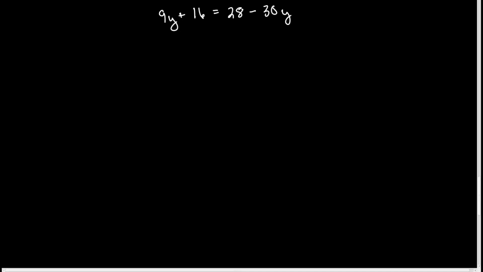So our smallest y term looks like it's going to be this negative 30y, because negative 30 is much smaller than 9. So let's add 30y to both sides. And when we do that, these will disappear. So we'll get 9y plus 30y. That'll give me 39y. Bring down my 16. And that's equal to 28.